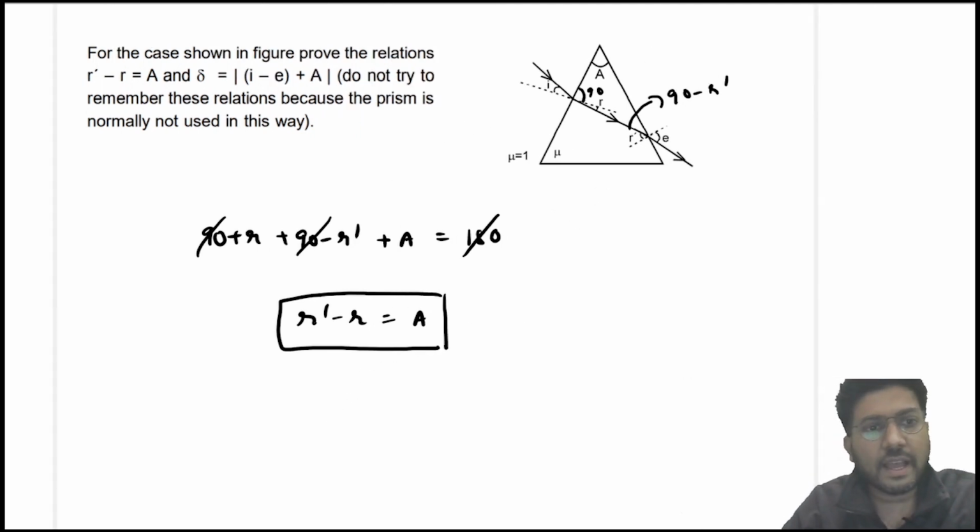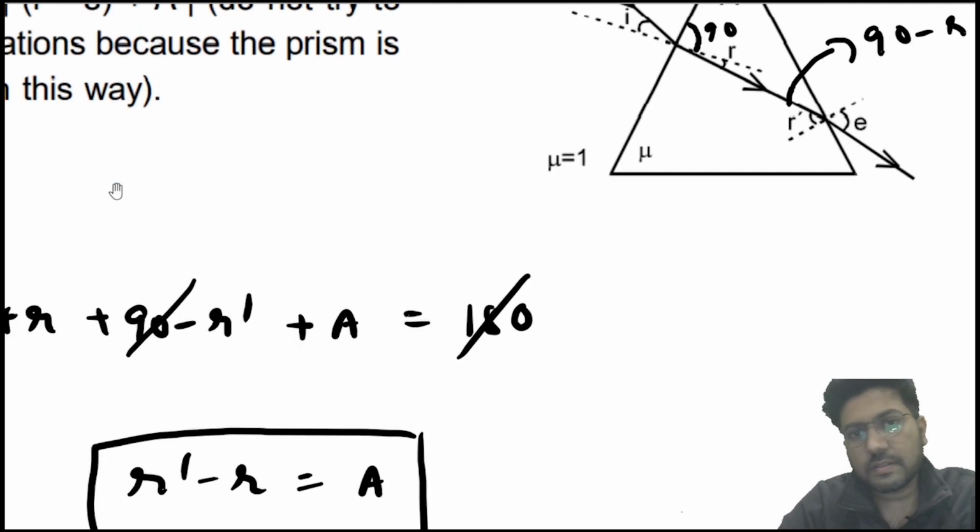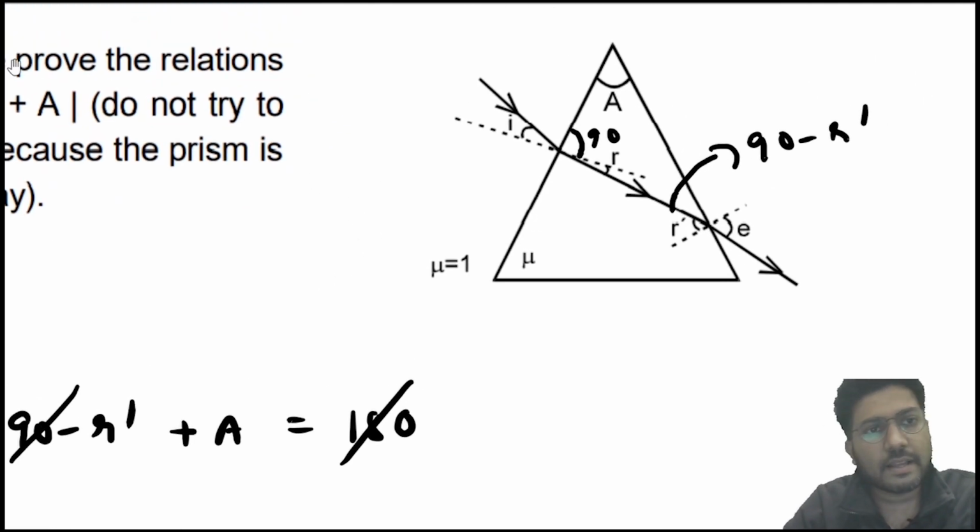To find the angle of deviation, let us see the incident and the emergent ray. I'll zoom it first. So see, this is the incident ray and this is the emergent ray. We need to find the angle between the incident ray and the emergent ray.